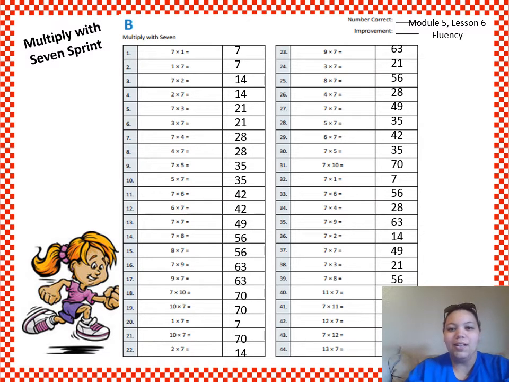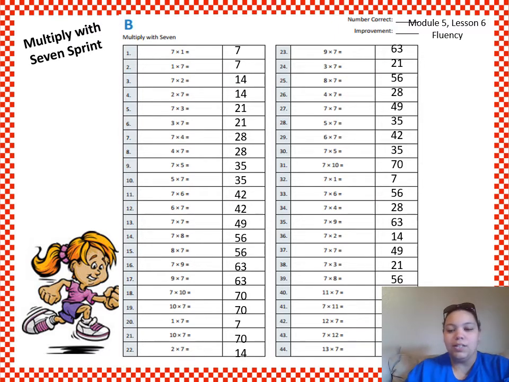Okay, so go ahead and write the total number you got correct on this side, and then write the number that you improved. Remember, your improvement number is how much faster did you get on side B than side A. So if you got 20 on side A and then 25 on side B, your improvement number would be 25 minus 20, which would be 5.